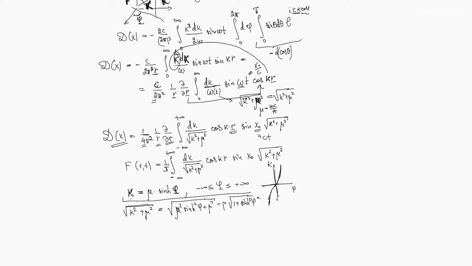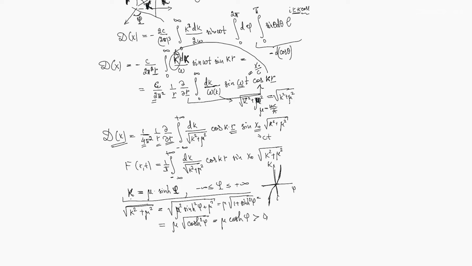So you get mu times the square root of cosh squared phi. But this I can take explicitly because cosh phi is manifestly a positive function, for any phi. So I can take the square root without any problem.